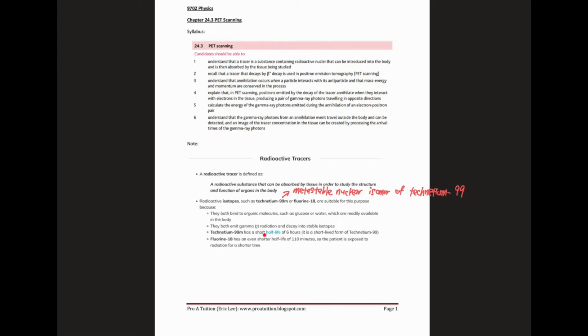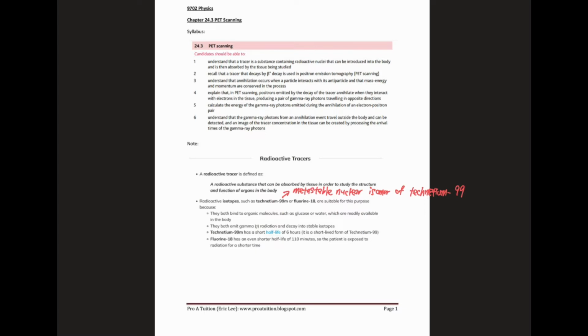When we have a short half-life, there is an advantage: the patient is exposed to radiation for a shorter time. Likewise, fluorine-18 has an even shorter half-life of 110 minutes. So with these two having short half-lives, the patient is exposed to radiation for a shorter time. That is the advantage.